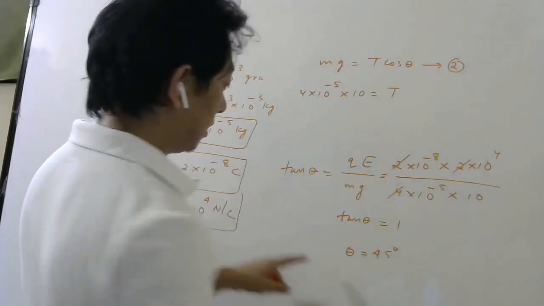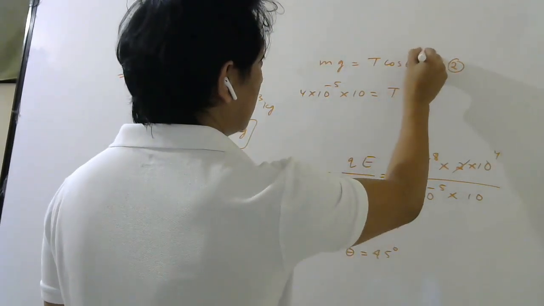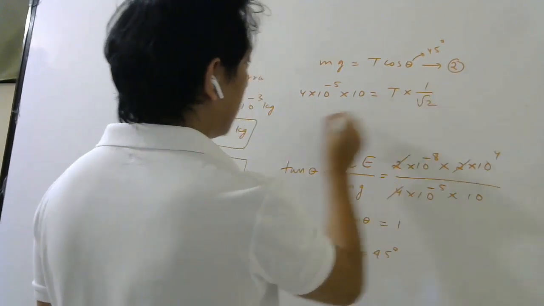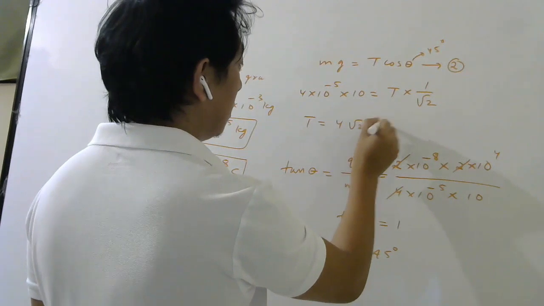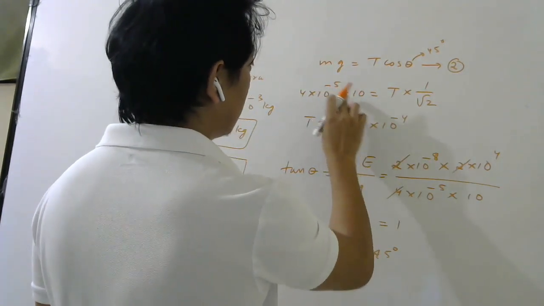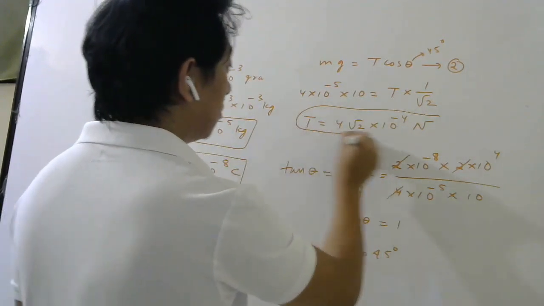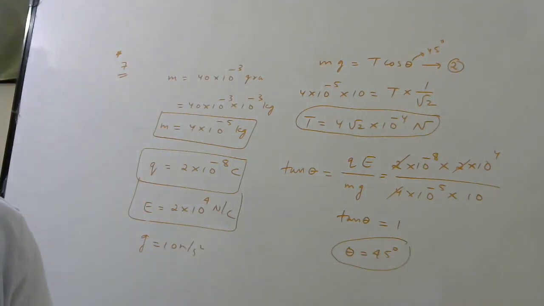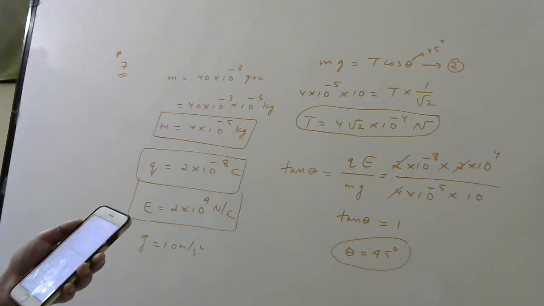Tension we want. Theta is 45 degree. So if this is 45 degree, what will be cos 45 degree? 1 by root 2. So tension will be, cross multiply, 4 root 2 into 10 power minus 4, minus 5 into 10, 10 power minus 5 into 10 will be 10 power minus 4 Newton. So this is the answer for tension. This is the answer for angle. Okay. So option C, right? Yeah.